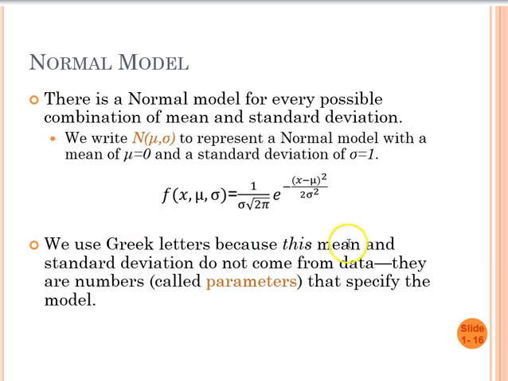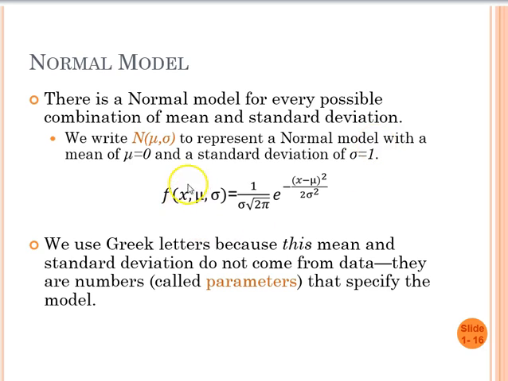The normal model is just this formula, and what it does is it calculates the area underneath the curve that I just showed you. Now you don't have to memorize this formula, but what you need to know is that what we're doing is calculating the area underneath that curve. Mu here represents the average, which we assumed is 0 for our z-scores, and then sigma is the standard deviation, which we calculated to be exactly 1 for our z-scores.